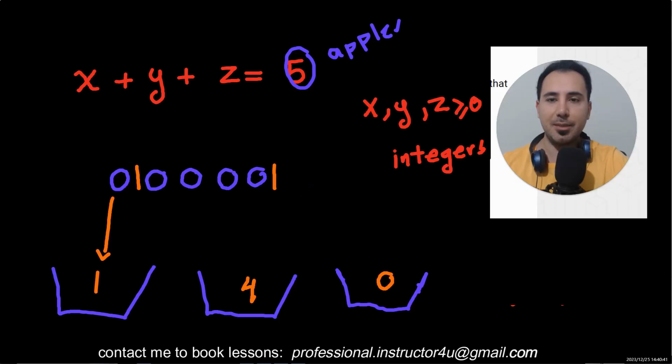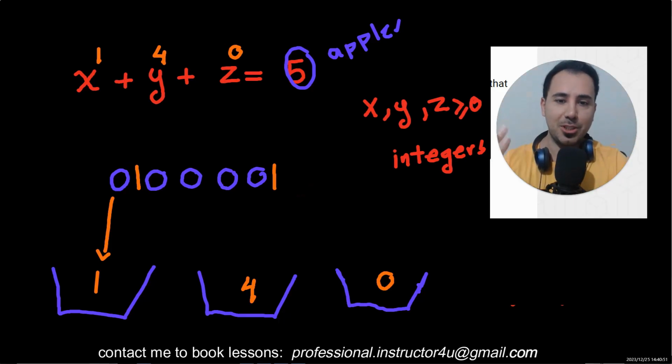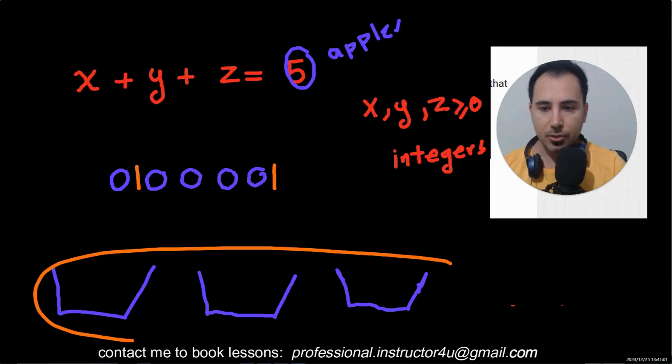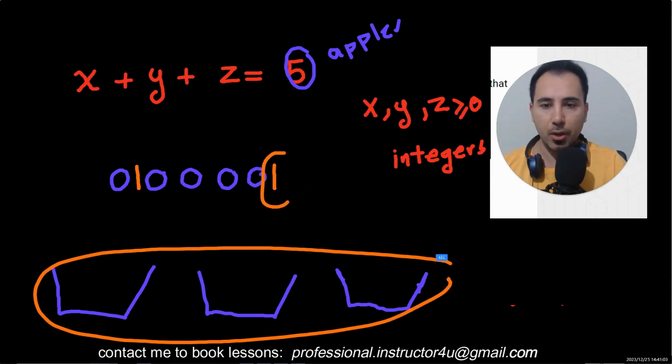So then x, y, z would be 1, 4, and 0. Okay, so that's why we use the stars and bars. Now we turn the equation into a basket and apple question, or stars and bars.